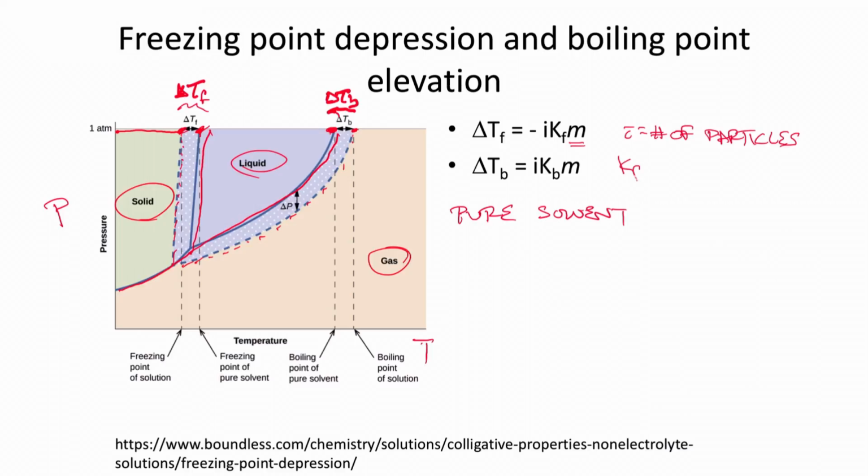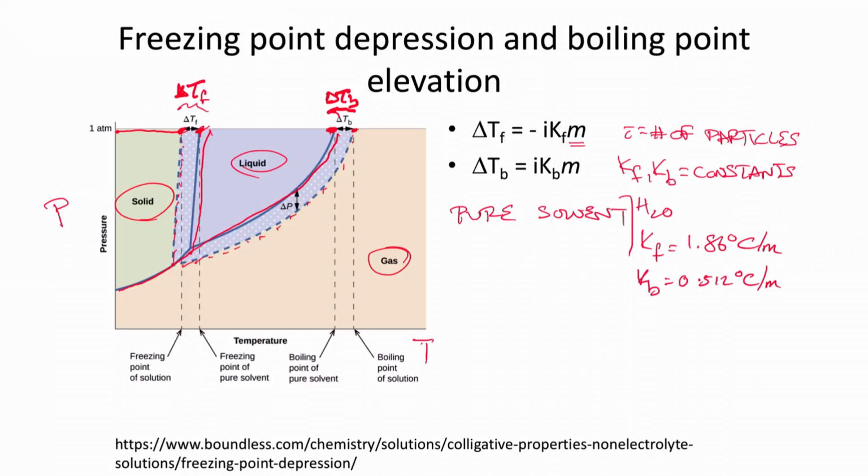KF and KB are constants, which will be provided for you. They're just numbers, but for example, for water, KF is about 1.86 degrees Celsius per molal, and KB is about 0.512 degrees Celsius per molal.